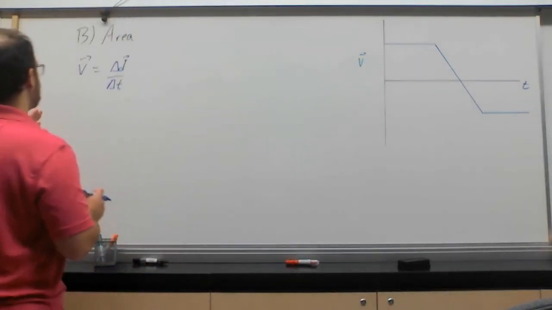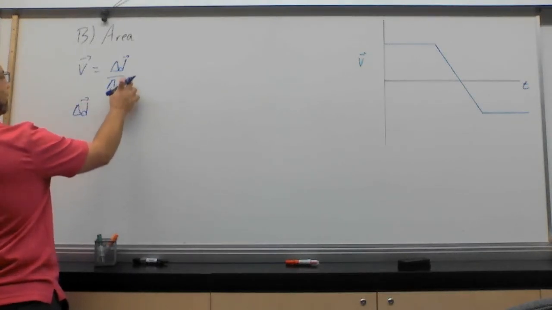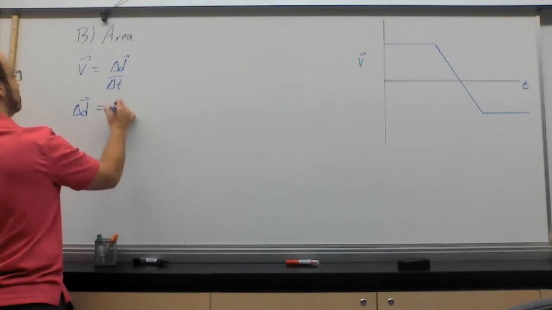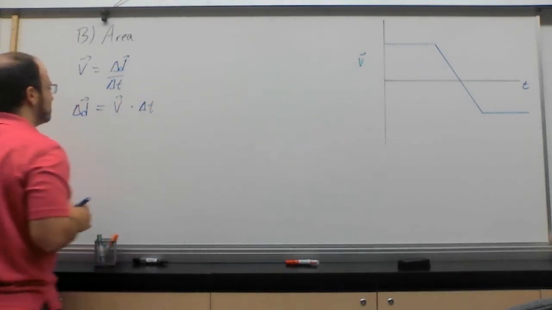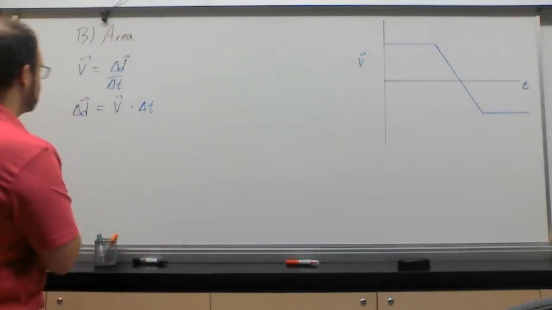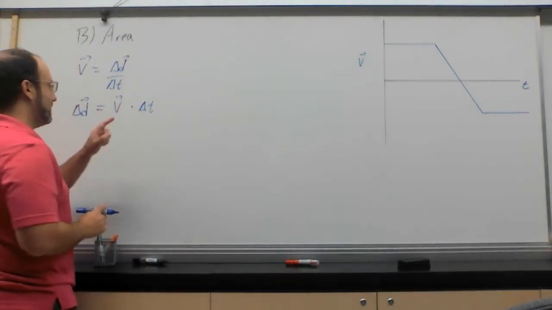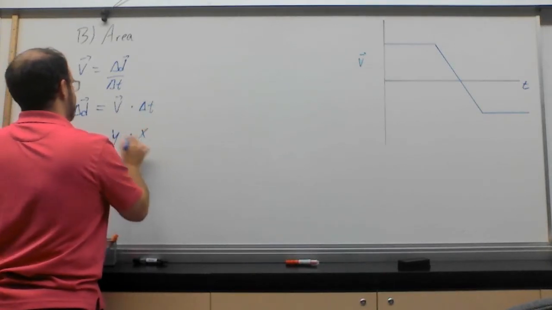We can change this to say delta D, and I'm going to move the t over, is going to be equal to v times delta t. Now, the reason why this is going to be useful for us is because that means that right now in our particular graph, v is y and t is x.